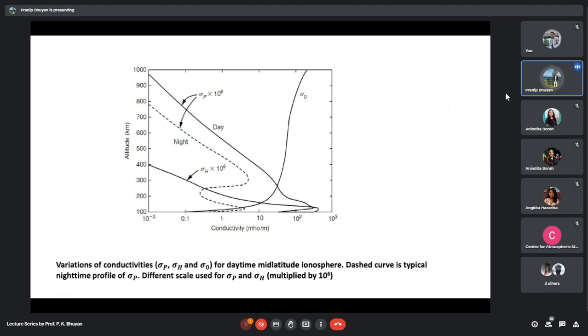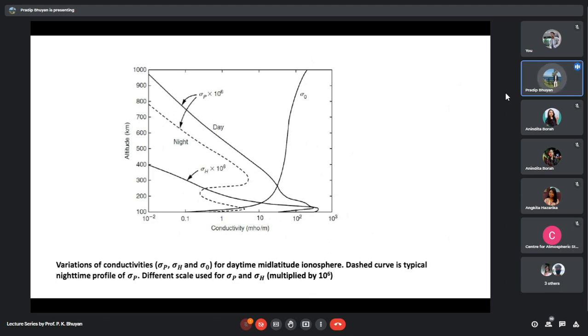The conductivity parallel to the magnetic field increases with height, whereas the conductivities parallel to the electric field and the conductivity perpendicular to both electric and magnetic field reduce with height. This is what the figures told you. Okay?